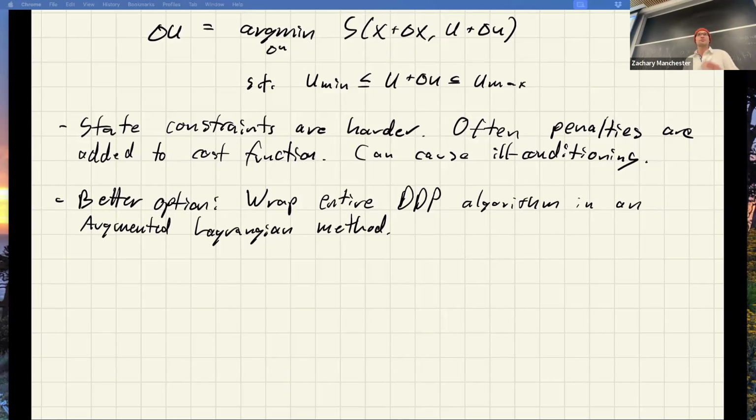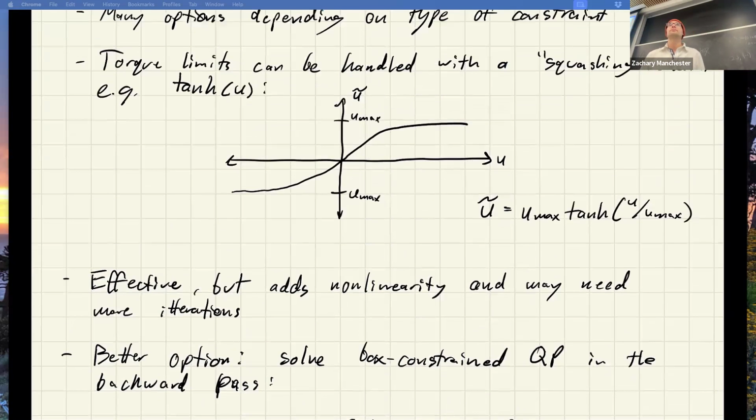We discussed two methods there for control constraints. With the squashing function, by construction, that U tilde can't exceed the control bounds, so we always have feasible trajectories. But the squashing function thing is a hack.